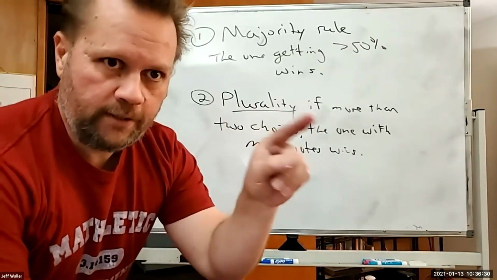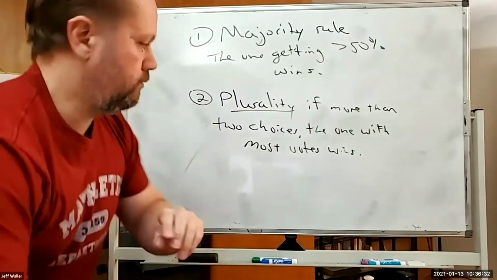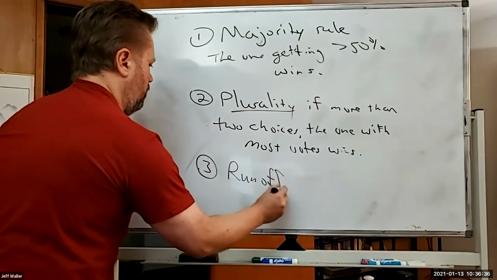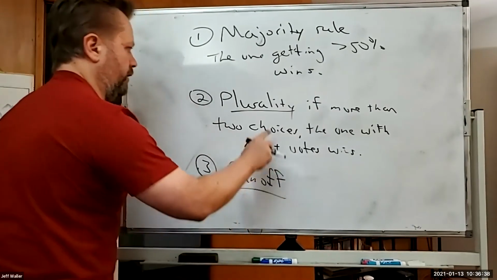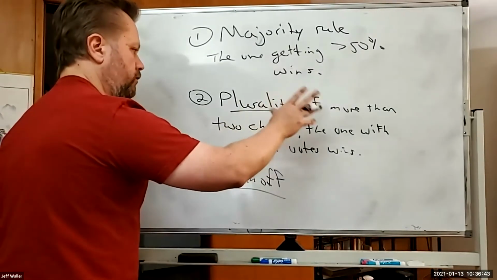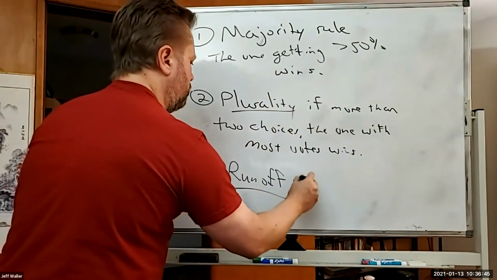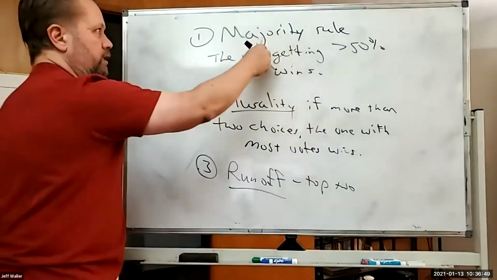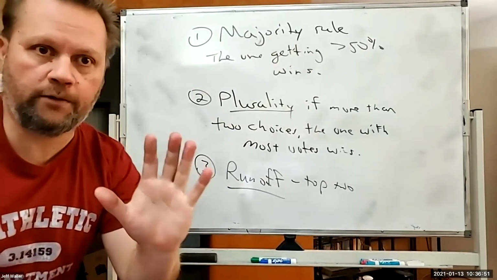Then we talked about runoff. What runoff tries to do is improve on plurality. It says, all right, you do this, and then the top 2 run against each other. Do you guys understand what's happening so far?